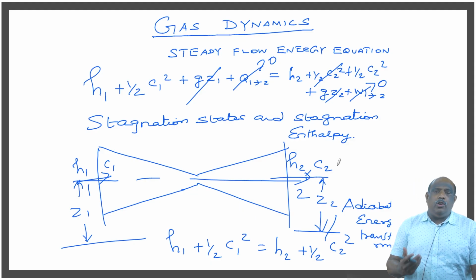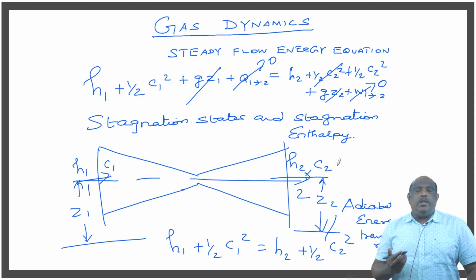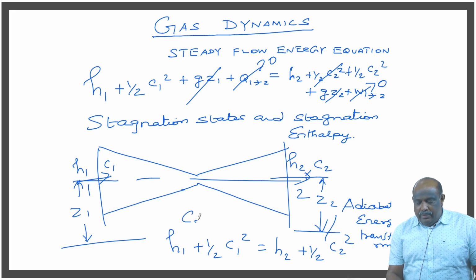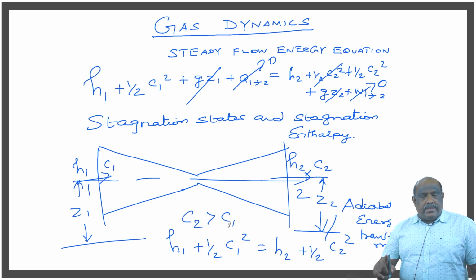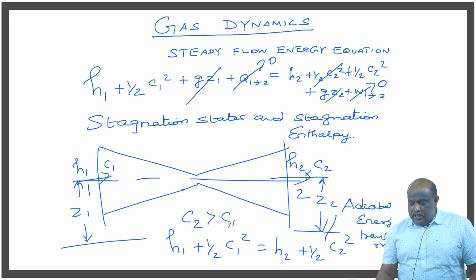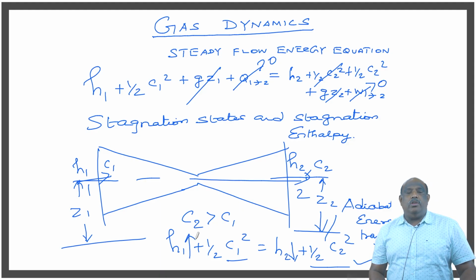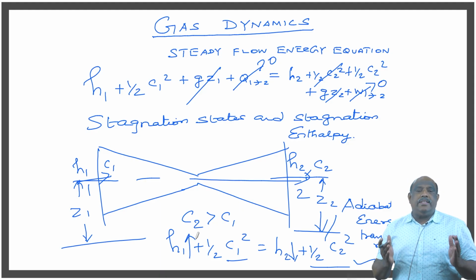The main objective of a nozzle is to increase the kinetic energy, which means c2 should be greater than c1. When c2 is greater than c1, automatically h2 will be reduced compared to h1, because the total energy is conserved.